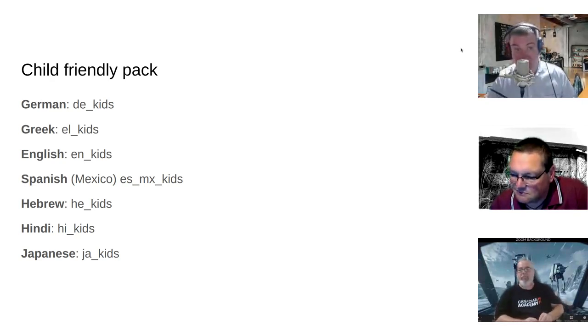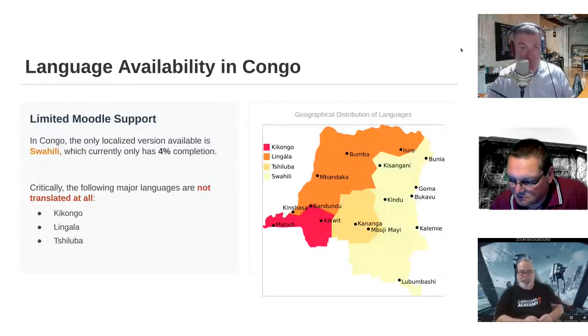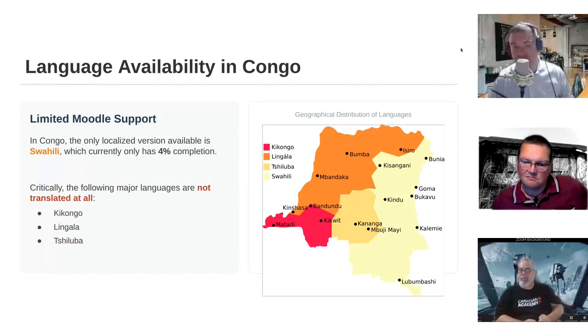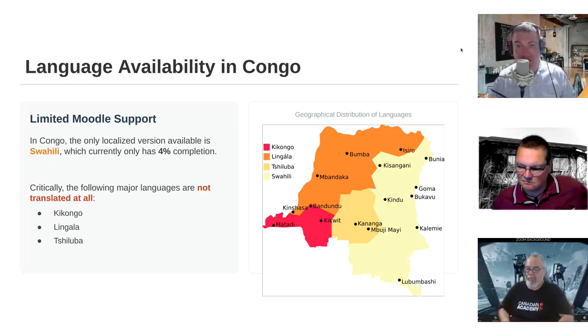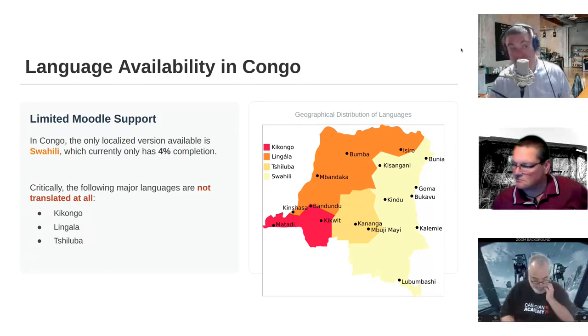The list of languages that are not translated is extremely long. One reason why you would use Moodle and try to find new languages to translate could be, for example, Congo. The Red Cross said that one of the big problems right now in Congo with the Ebola crisis is a lack of education on Ebola and a lack of trust.